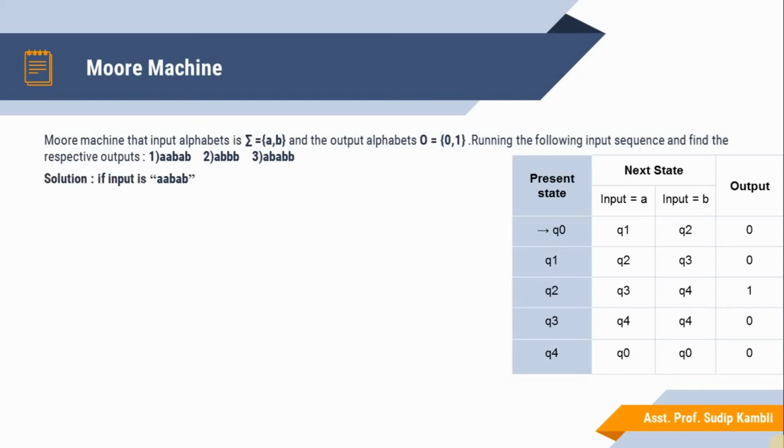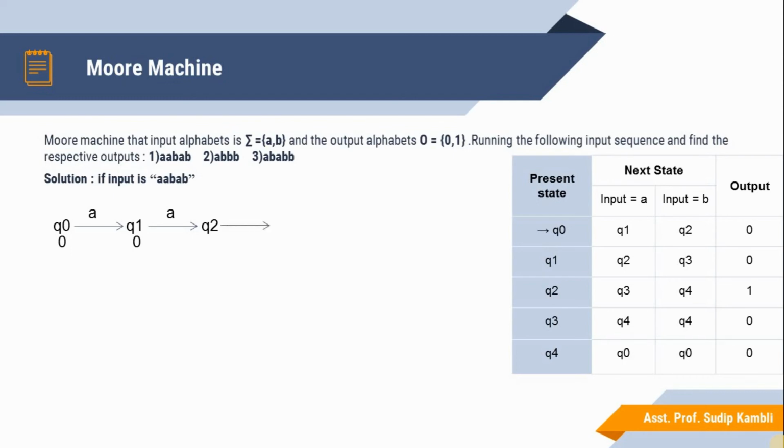Solution for the first string. The scanning process of the input string starts at the start state Q0. Q0 scans the first alphabet A to go to state Q1, and the output will be 0. Then Q1 scans the next alphabet A to go to state Q2, and the output will be 0.